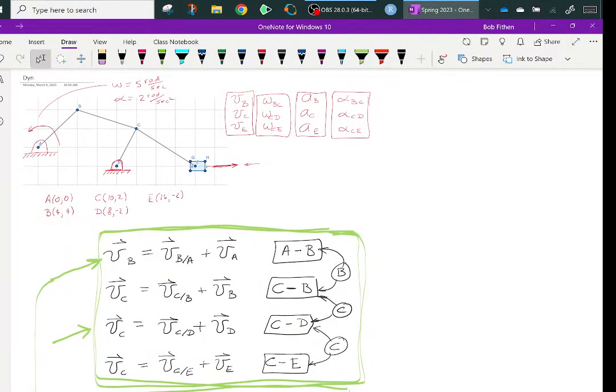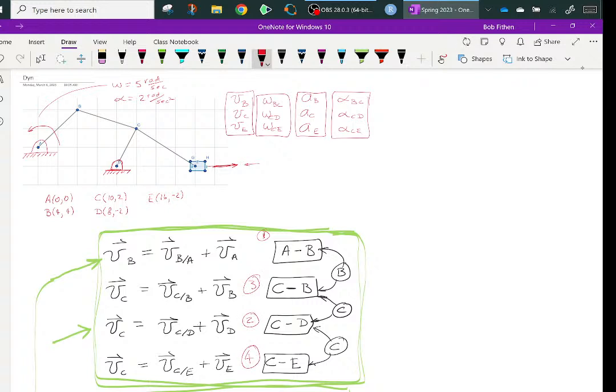So let's start with the velocity. We'll start with this one first. Then I think I'm going to do that one second, this one third, and that one fourth.